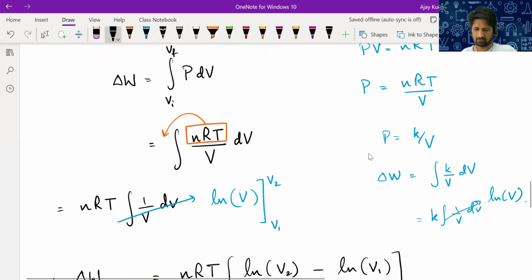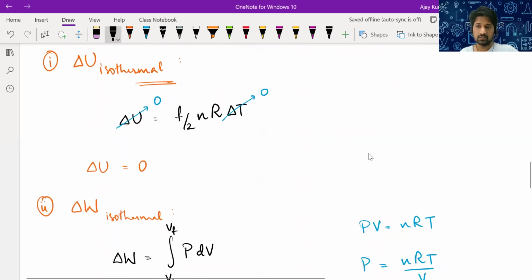So what have we discussed so far? That change in internal energy in an isothermal process will be zero. Why? Because internal energy depends on temperature, because we are not going to change the degrees of freedom or the number of moles. It only depends on temperature. And in an isothermal process, temperature is not changing. So internal energy won't change. That is zero.